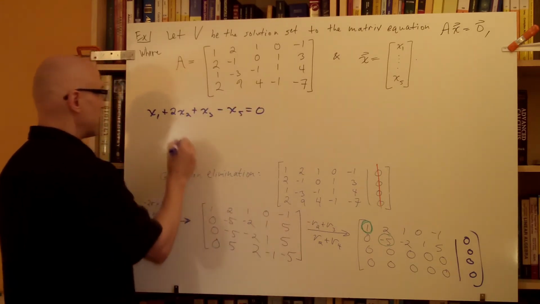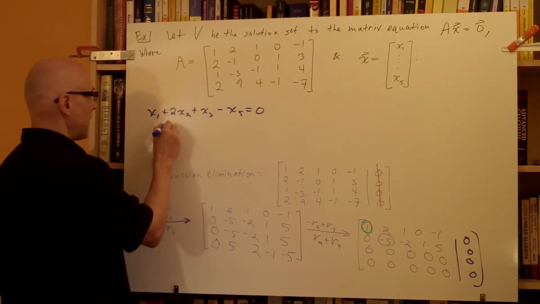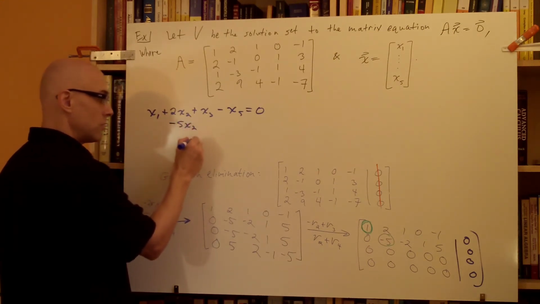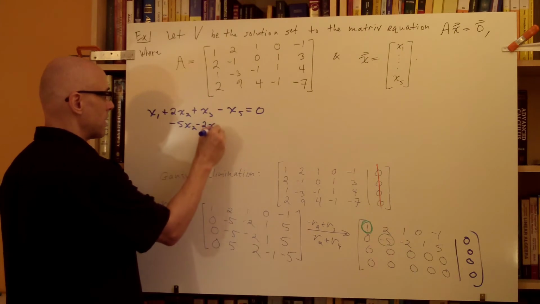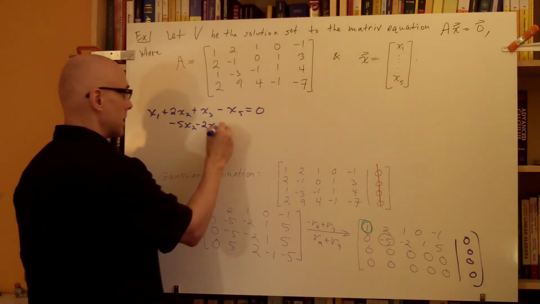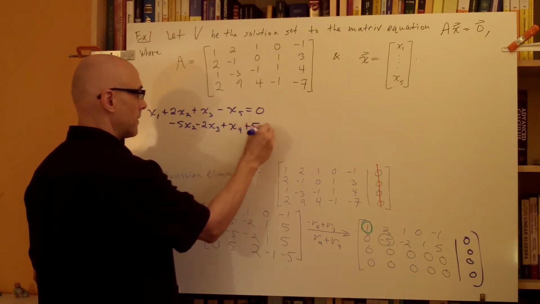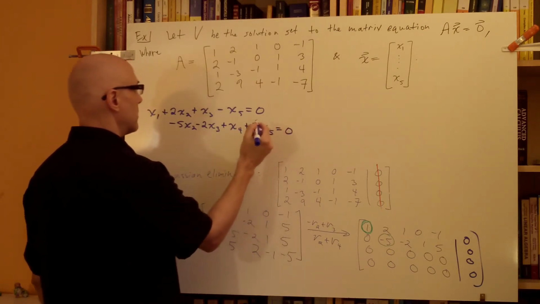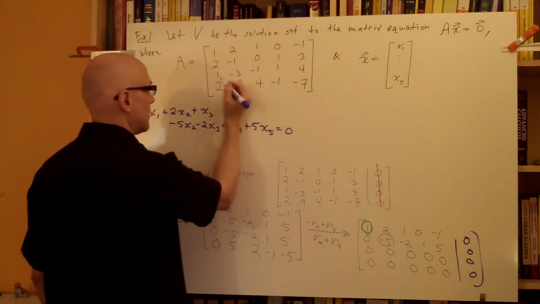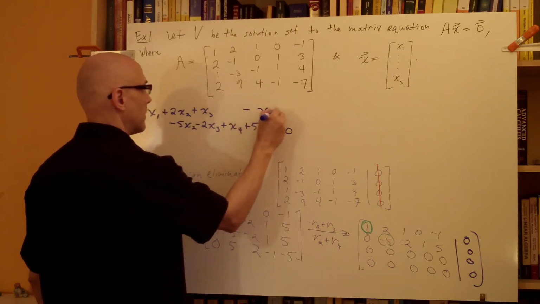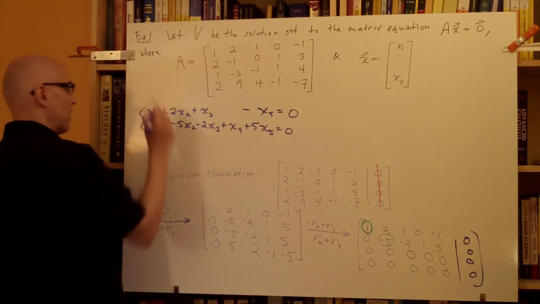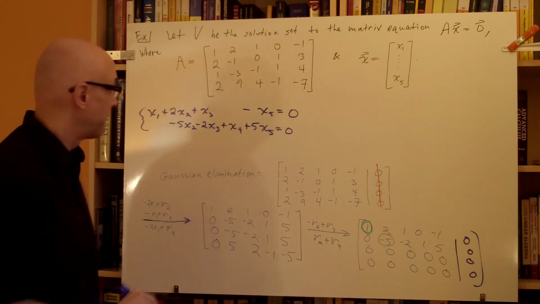And the second row gives us -5x2 minus 2x3 plus x4 plus 5x5 is 0. That is our system at this point.